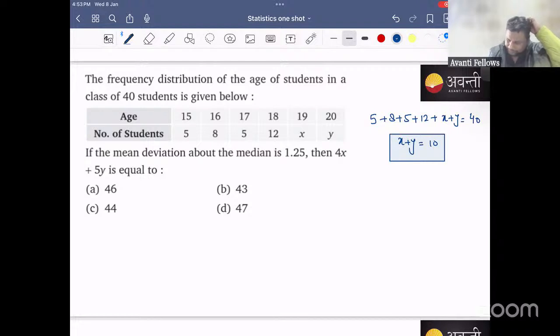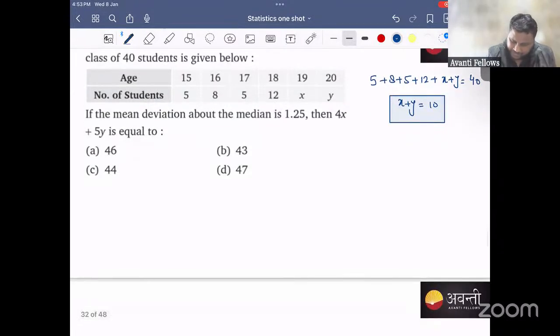Now see, I'll check the cumulative frequencies; I'll make this table once again.